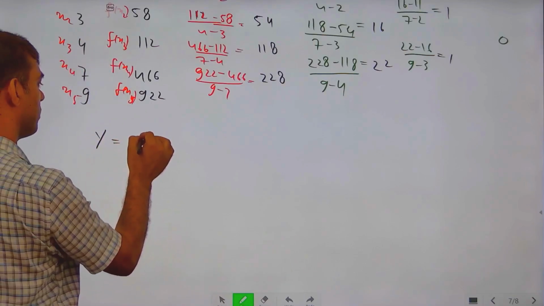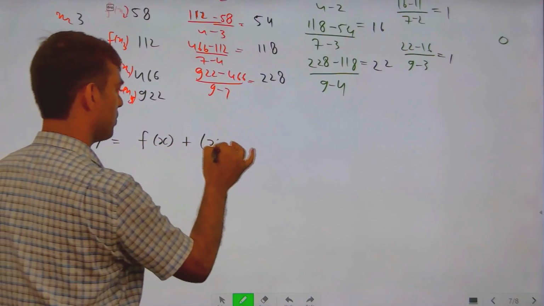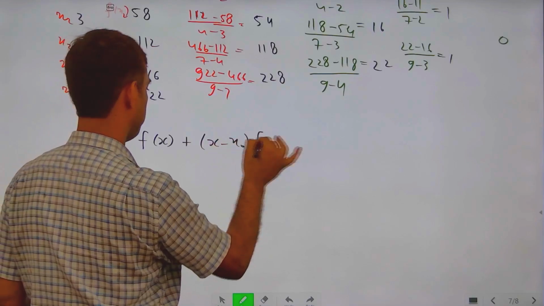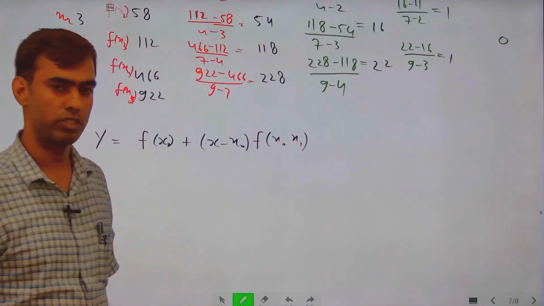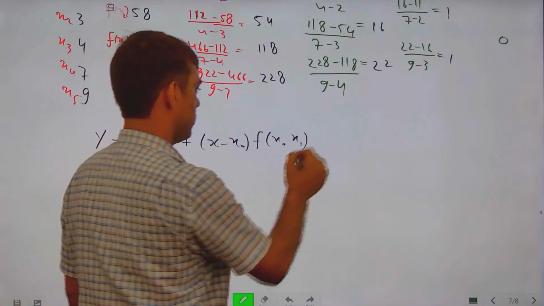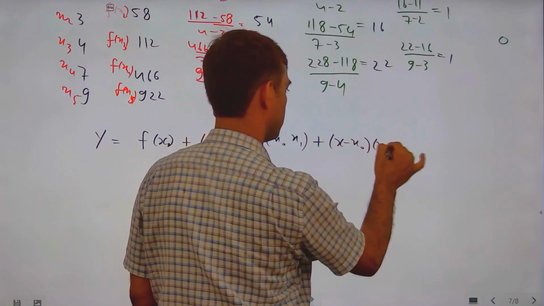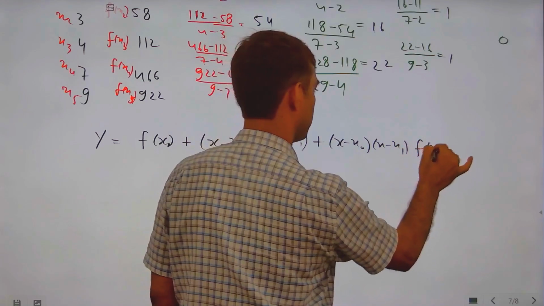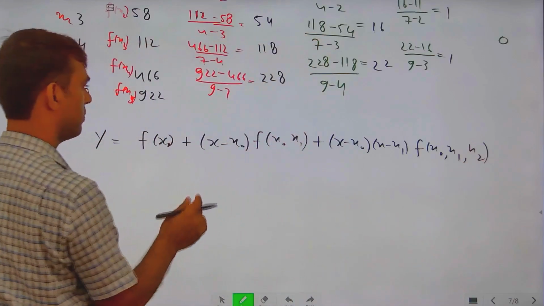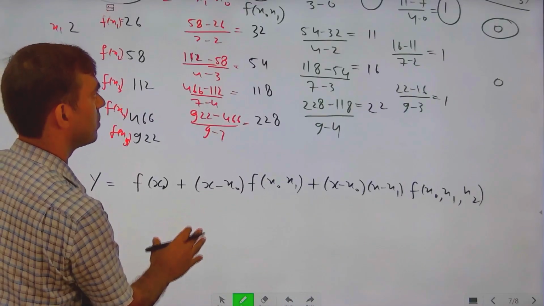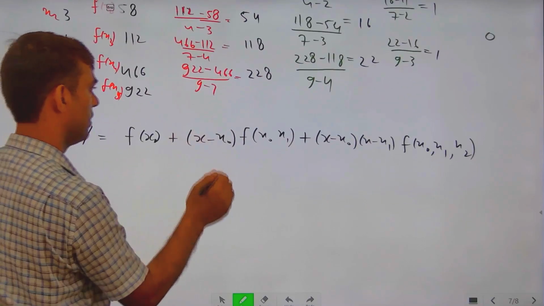So y equals f of x0 plus x minus x0 into f of x0, x1, plus x minus x0, x minus x1 into f of x0, x1, x2, and one more term, because here there is a need of a third order divided difference.